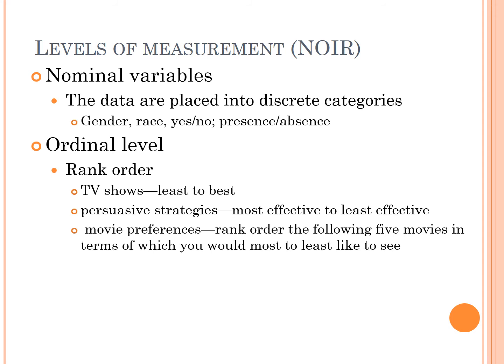And then a little bit further down is Lonesome Dove. What's important is not the distance between what counts as first, second, or third. It's their relative position to one another. Here's the top one, here's the next, on down to the last. Those are ordinal variables.